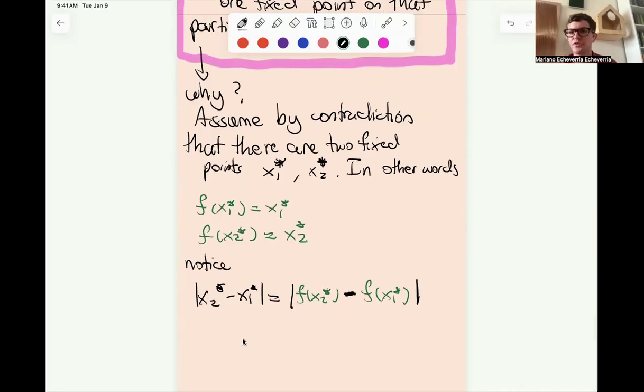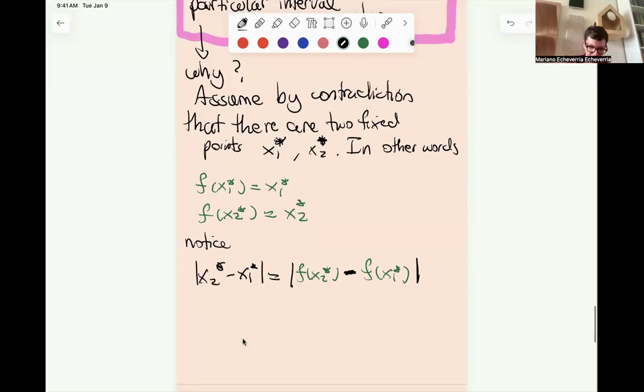That is true because the points are fixed points, so there's no difference if you apply the function to them. But because the function is a contraction, this distance is shrunk by an amount k.